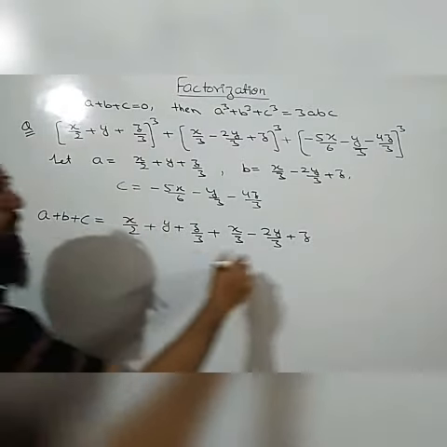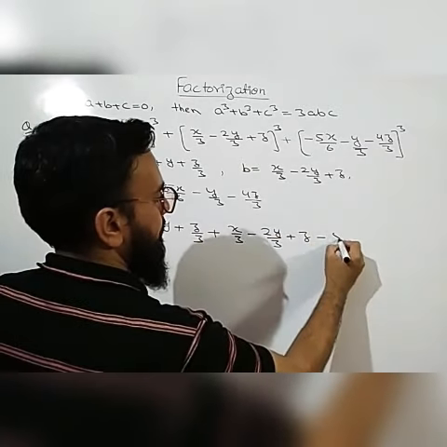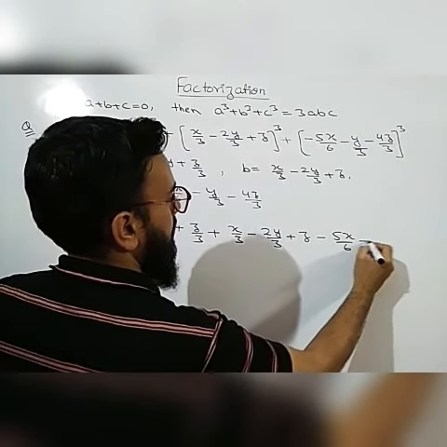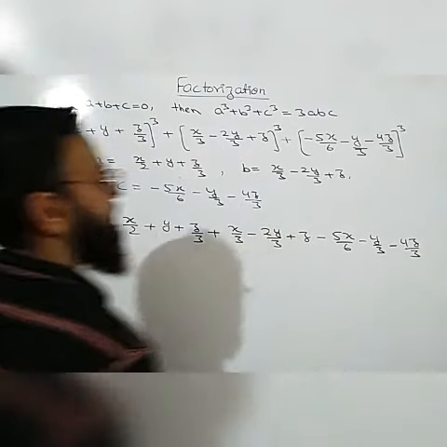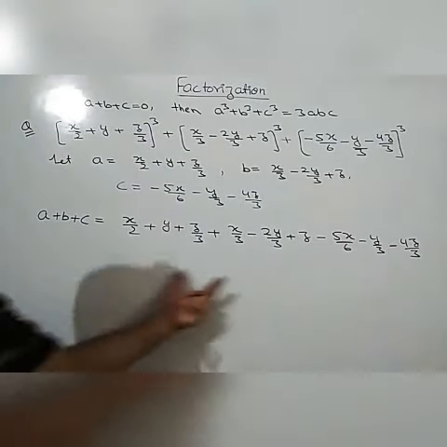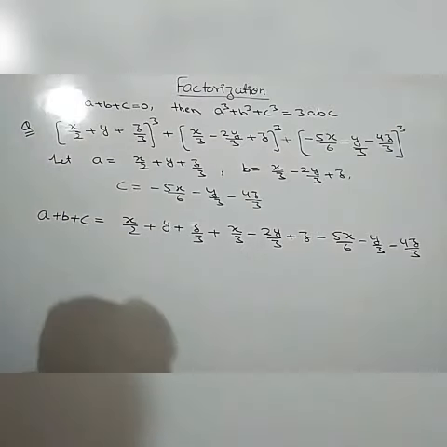Then c, and what is the value of c? It is minus 5x upon 6 minus y by 3 minus 4z upon 3. So we get such a large expression and we have to solve it.